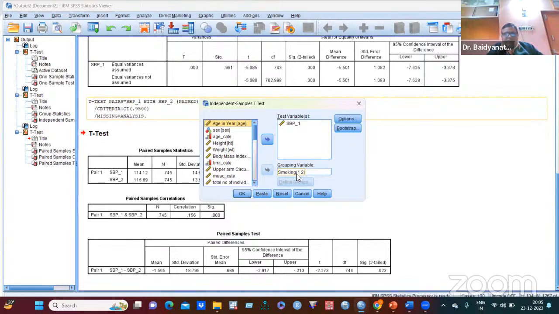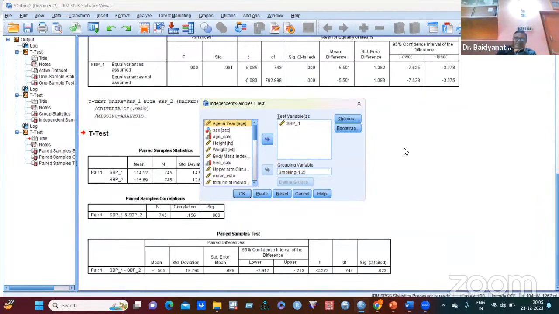And suppose body mass index has 3 groups, 1, 2, 3. So how to compute this one? For independent t-tests, first we compute 1 versus 2, then 1 versus 3, and 2 versus 3.